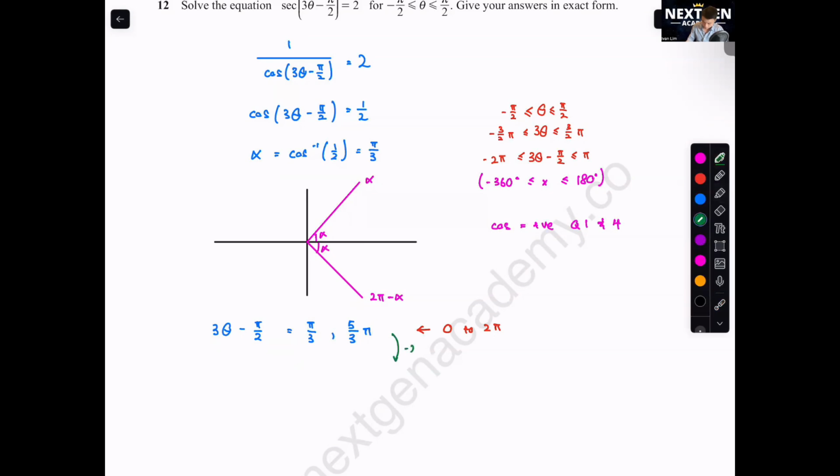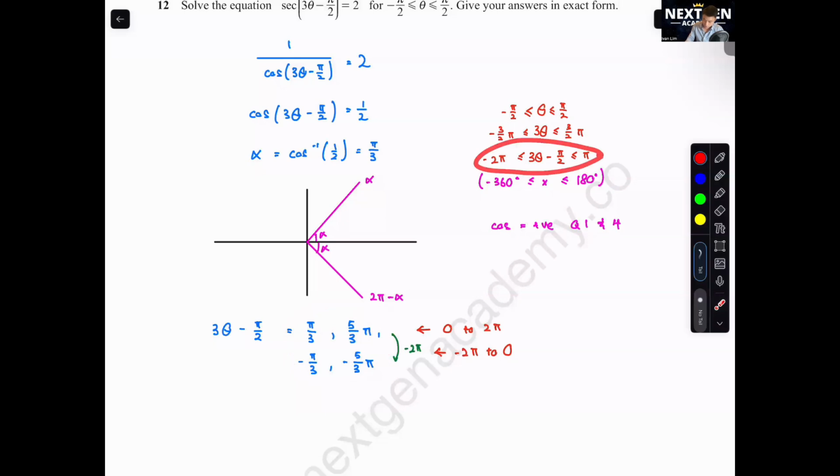So here you minus 2 pi. Why we do that is because we want from minus 2 pi to 0, which will get negative pi over 3 and minus 5 over 3 pi. So you have a total of 4 answers over here. Next, we check with these 4 values which one is out of the range.